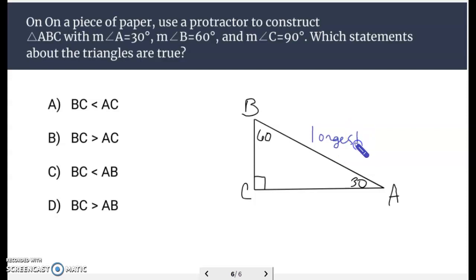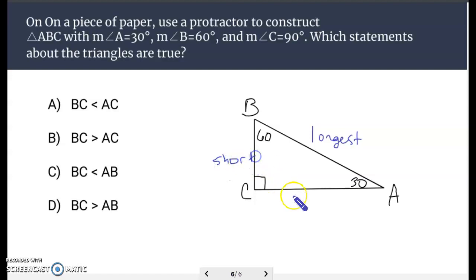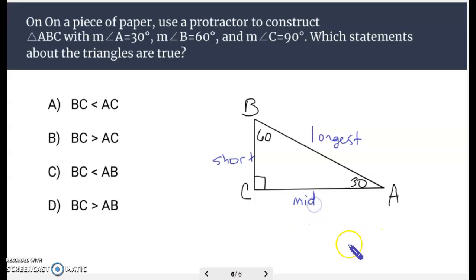We can see it in the picture, and we also see its opposite, angle 90. Opposite of angle 30, the angle A here, this would be the shortest, and then B would be the middle of the way. We'll just call that mid, for it's midway between the longest and the shortest. It's less than, somewhere in the middle. Which statement or statements are true? All right.